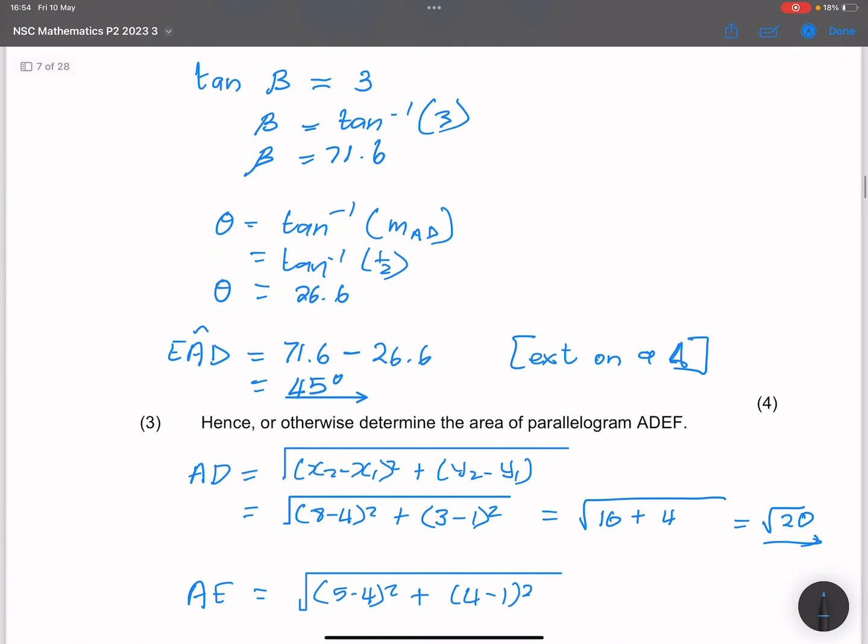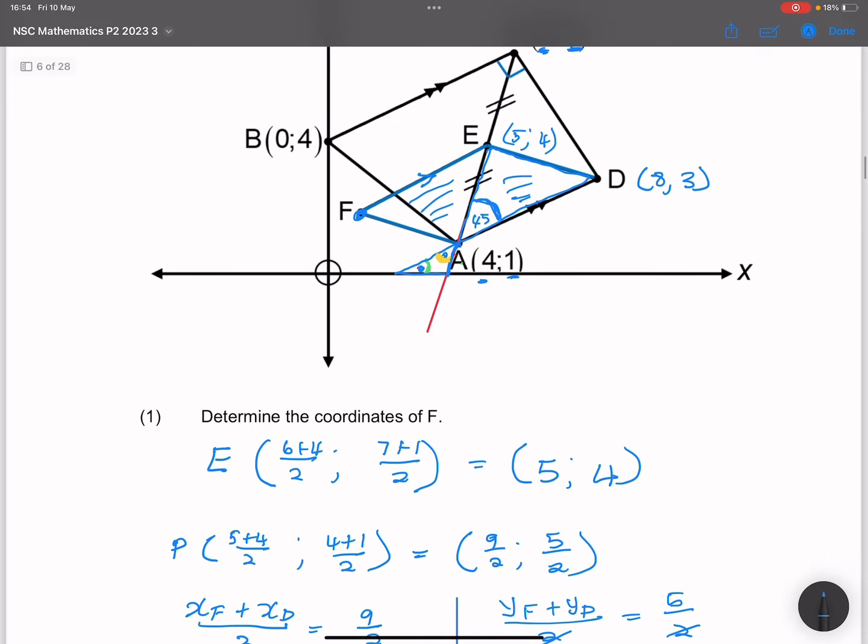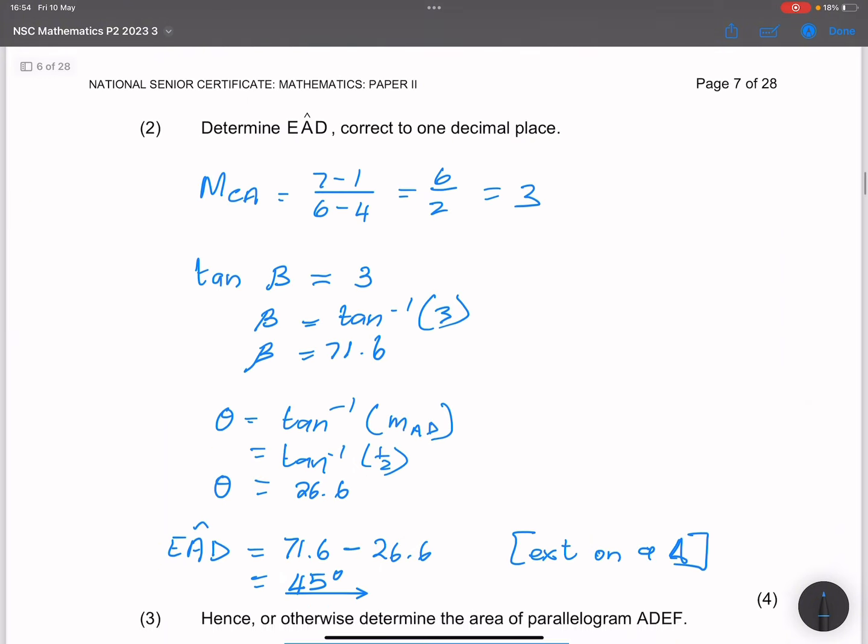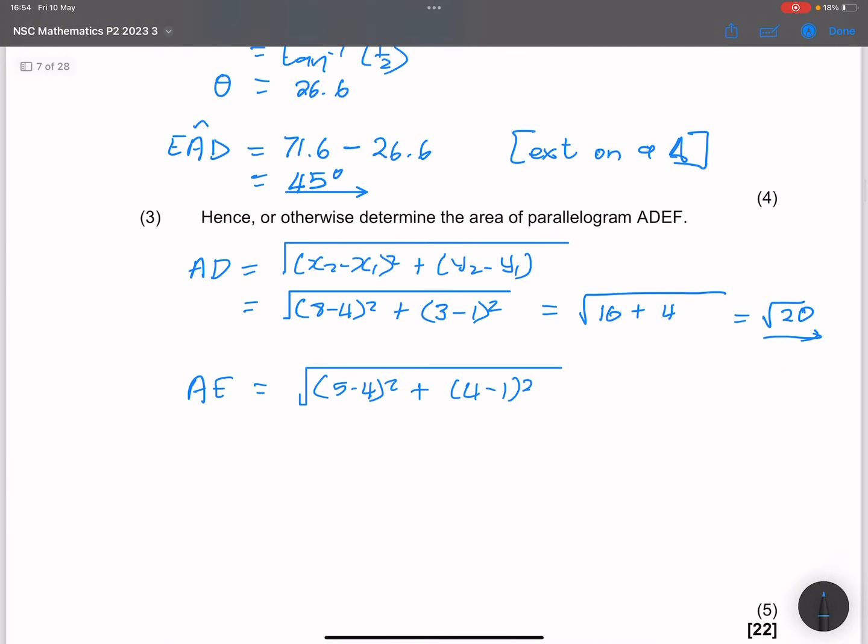Our x values are at 5 and 4. Yes, that's correct. Okay, and our y values, that's 4 and 1. Okay, so let's find that value there quickly. So 5 minus 4 gives us 1. Okay, so this will be the square root of 1 plus 4 minus 1 gives us 3. 3 squared is 9. So this would be the square root of 10.